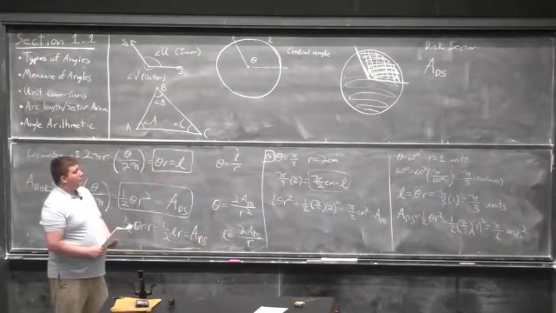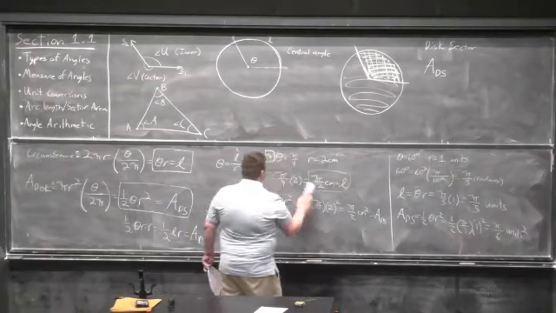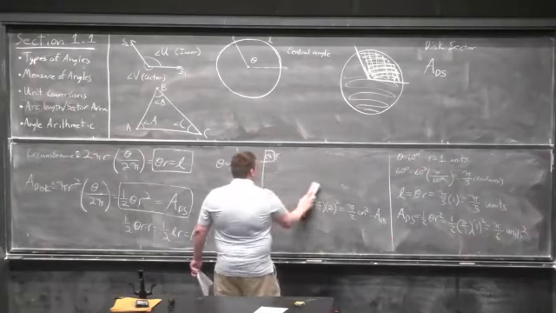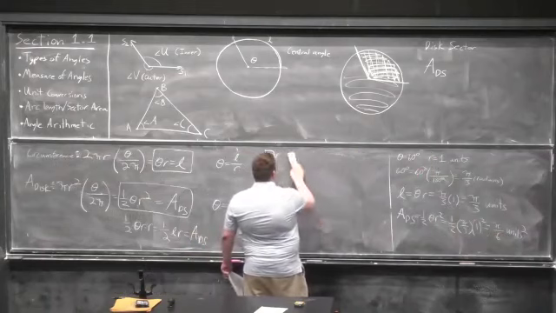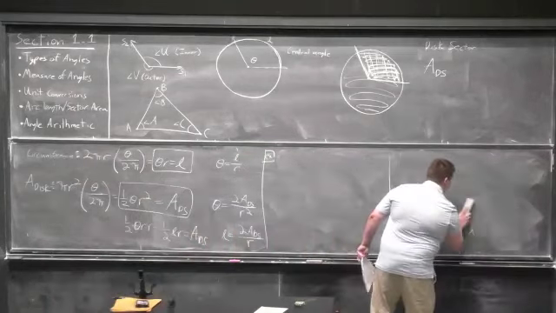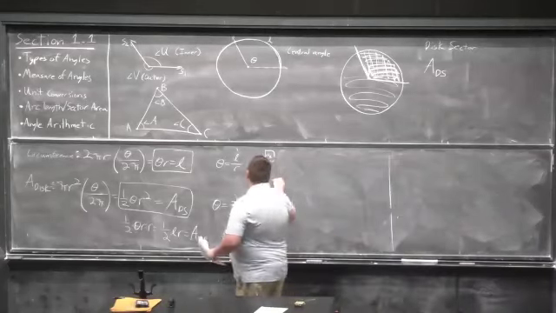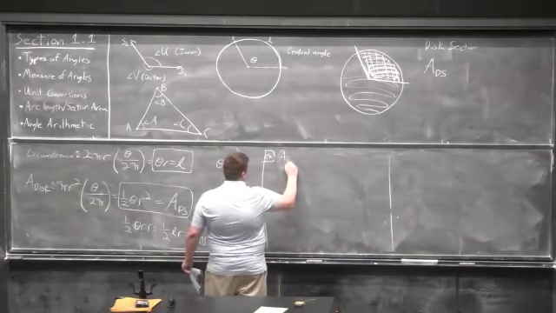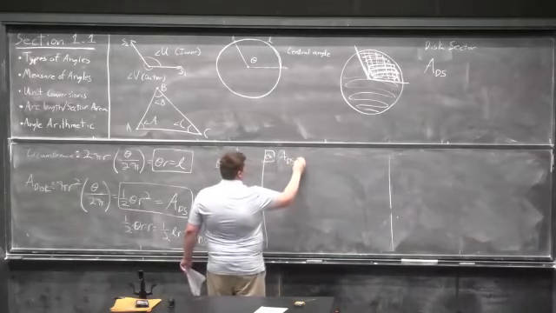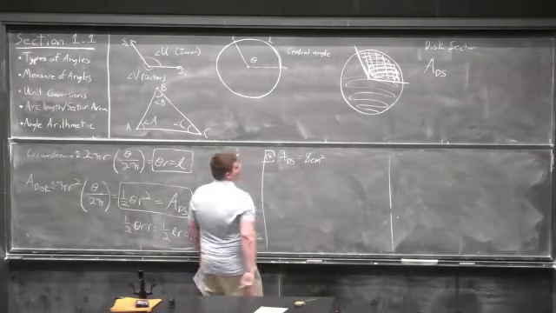So with that, I'll do one more example on how to find a central angle when we're given an arc length. So say we have an area of a disk sector, and we have it being 8 centimeters squared.